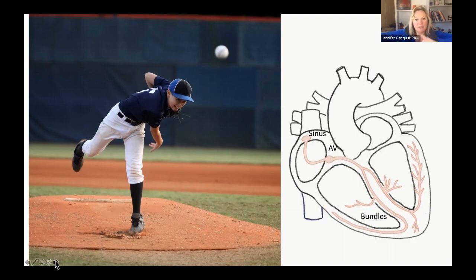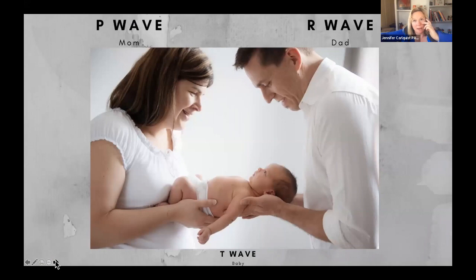But in addition to that, you also want to think of the waves like a family. And this will help you when you're starting to do heart blocks. So when you have your P wave, the P wave should be holding hands with the dad, R wave, and the dad should be holding hands with the baby, the T wave.